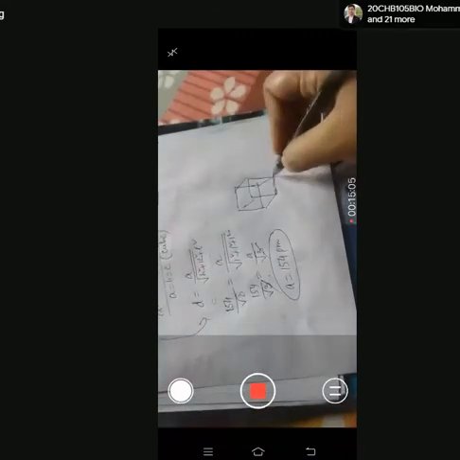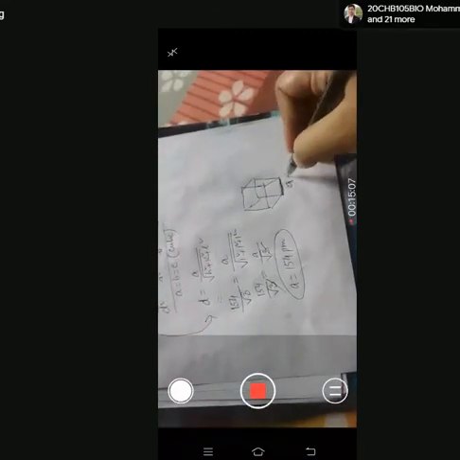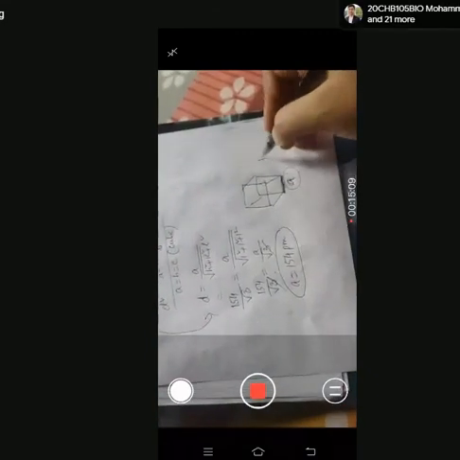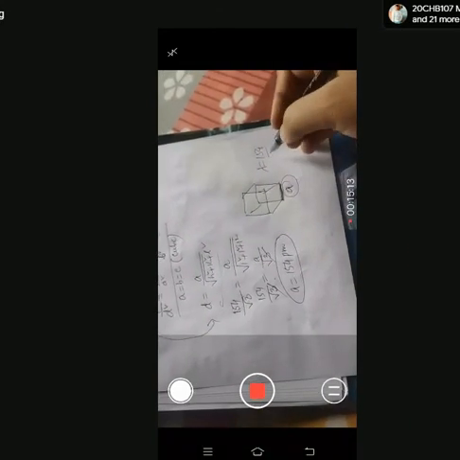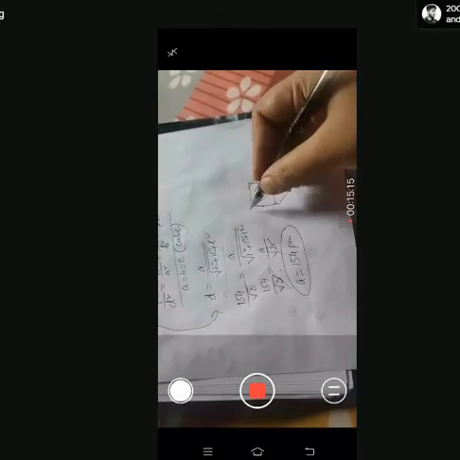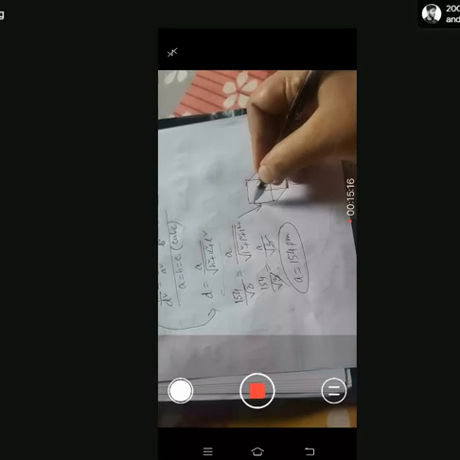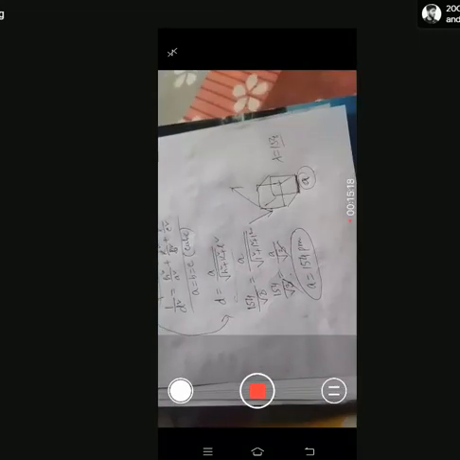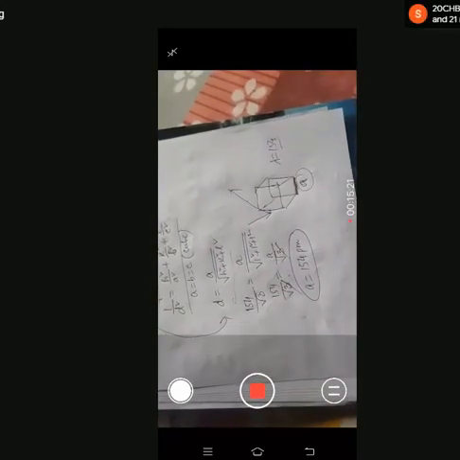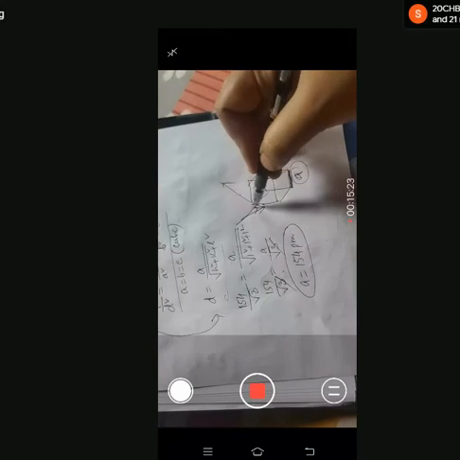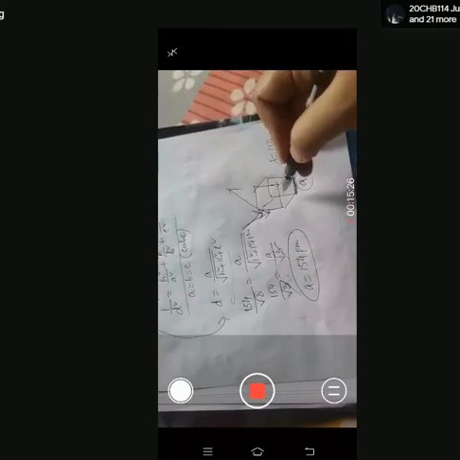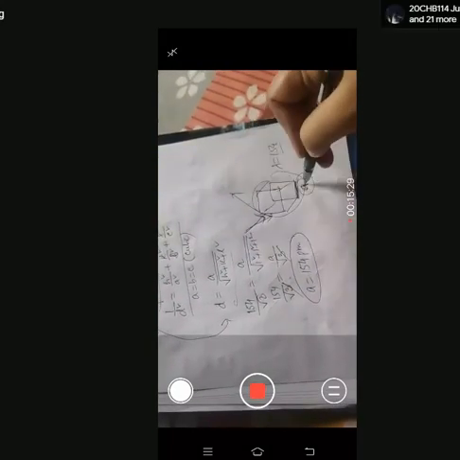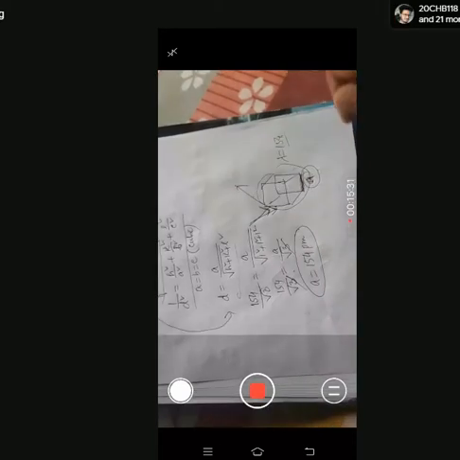If this is one cubic crystal, this a value is comparable with the lambda of X-ray, which is also 154. Since they are the same, if any X-ray is incident on it, it will be reflected back. This is the condition for diffraction: the wavelength should be comparable to the dimension of the crystal.